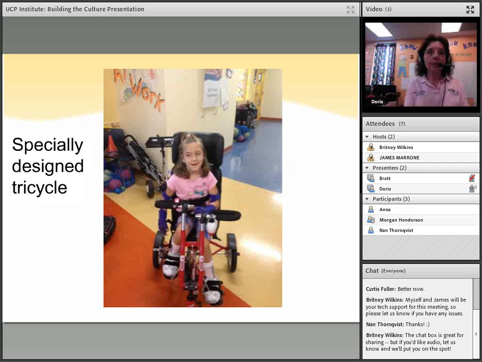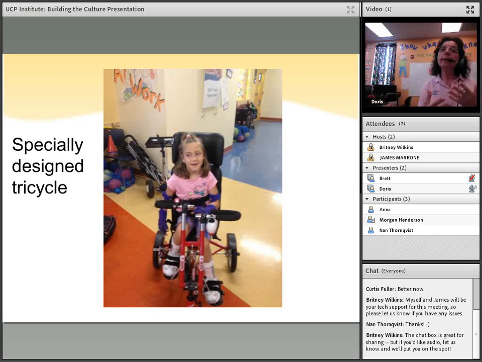Here's a specially designed tricycle that we use, and we give our students an exercise period during the day. Because if you think about this child, when the others go to physical education, when the others go to music, when the others go to anything that's mobile, they don't get to move. And so we provide an activity period for them in some of these types of bicycles, tricycles, gait trainers, and so forth.